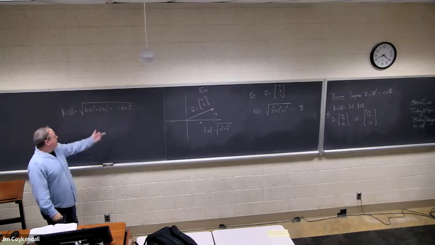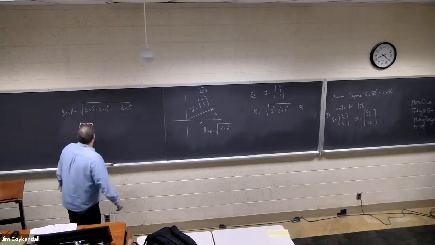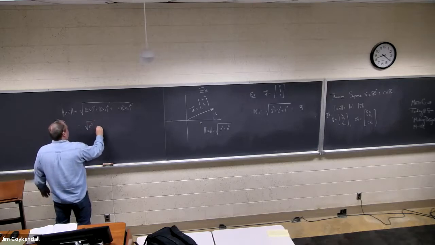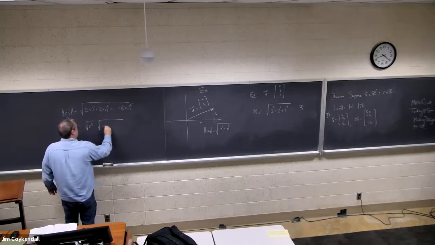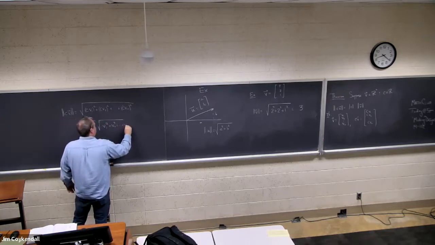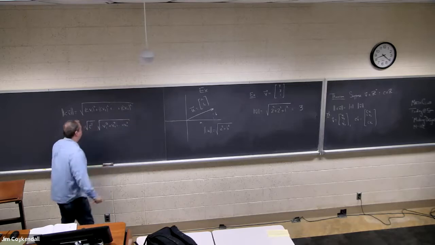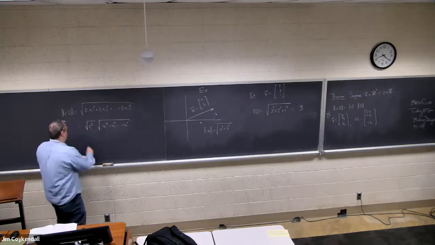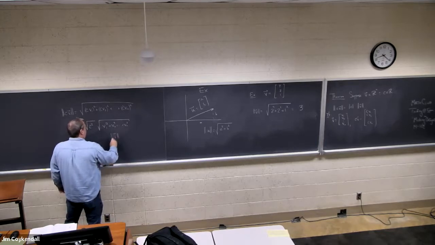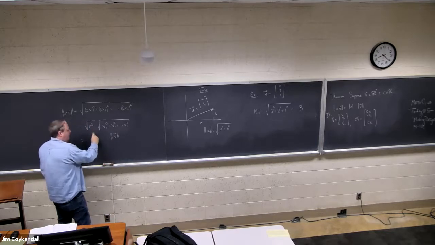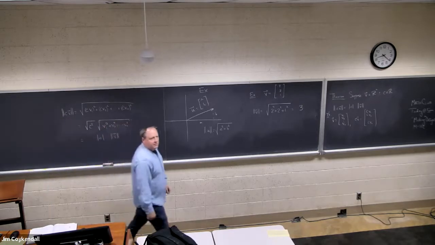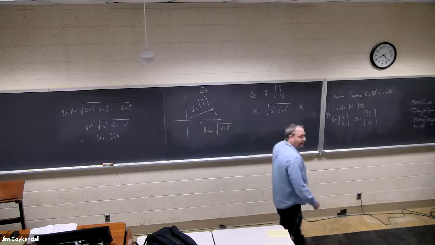Now notice there's a factor of C squared in there. And this piece right here is the length of B. And this piece here, the square root of C squared, is the absolute value. Any questions?